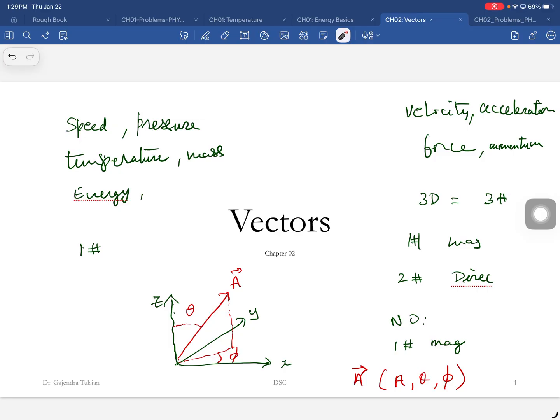Now let's do the next step. Here are 2 vectors. You know that you can move vectors around anywhere you want.